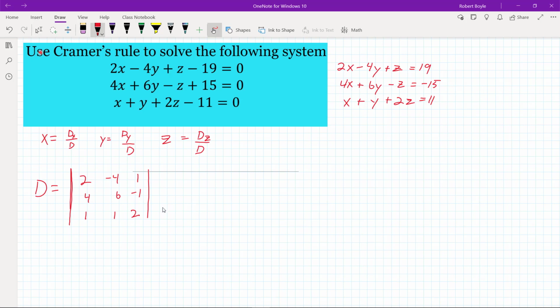And we can compute this using the third row. And what's that going to look like? Well, that is going to look like 1 times the cofactor associated with A31, plus 1 times A32, plus 2 times A33.